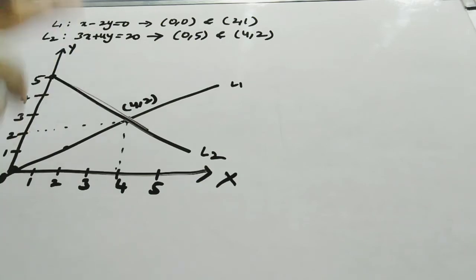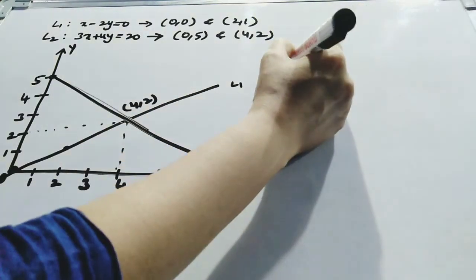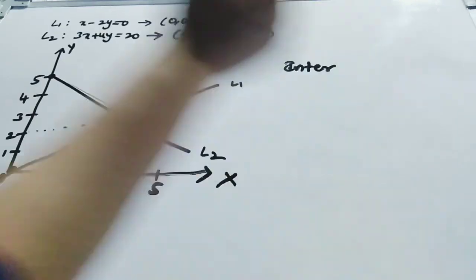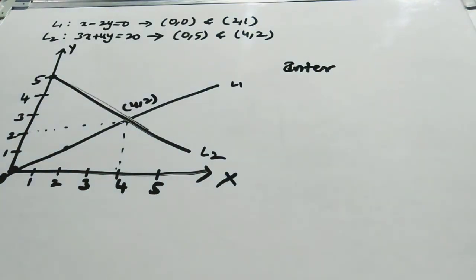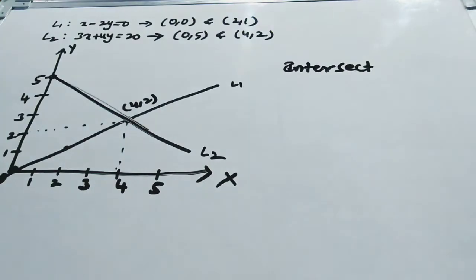But here the lines are intersecting at 4, 2. So this is an intersecting graph.